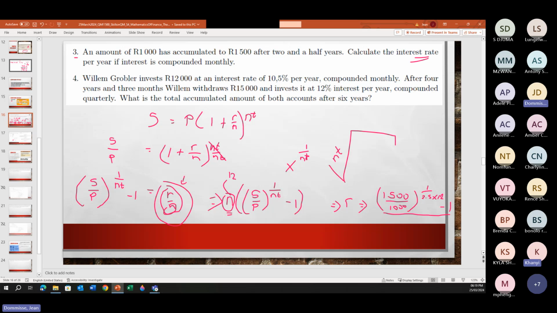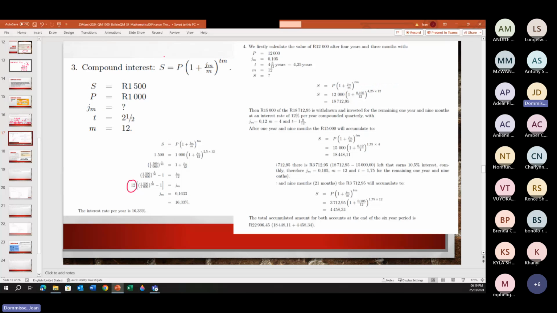Okay. So you can see this is quite a lot of work, so I will nearly avoid doing it with a formula.